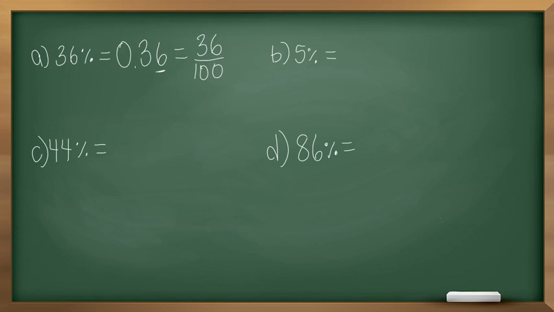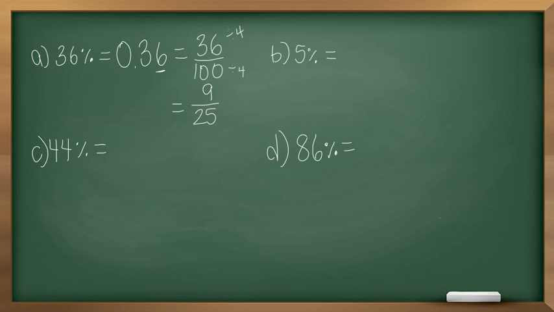So I'm just going to divide them both by 4. So that gives me 9/25. So if I want to write 36% as a fraction, I can either write 36 hundredths or 9/25. Both are correct.